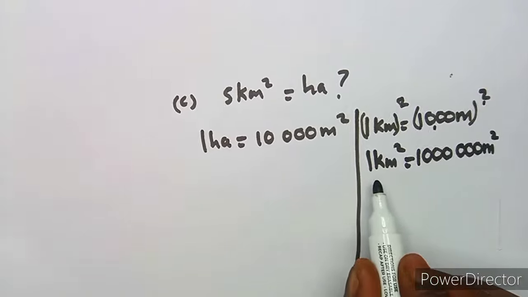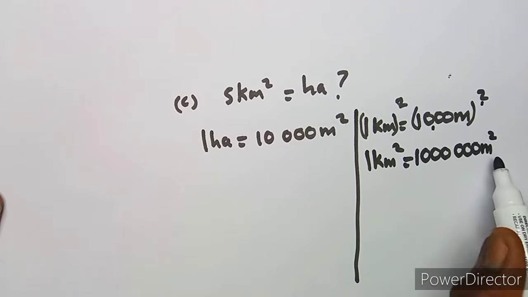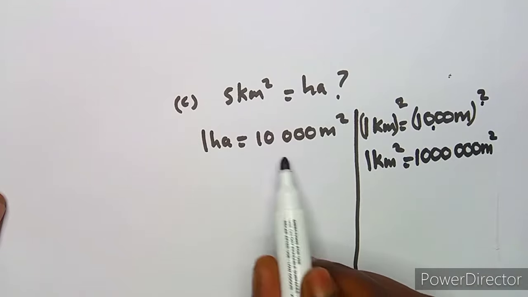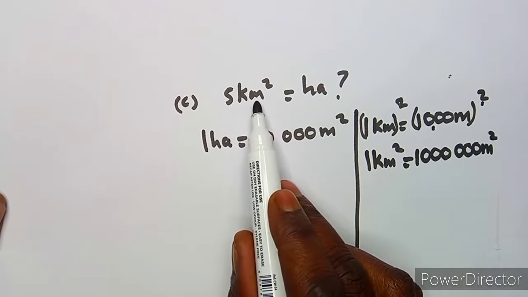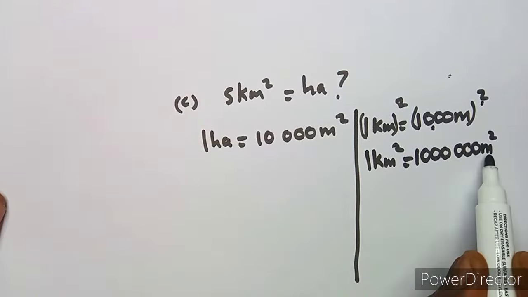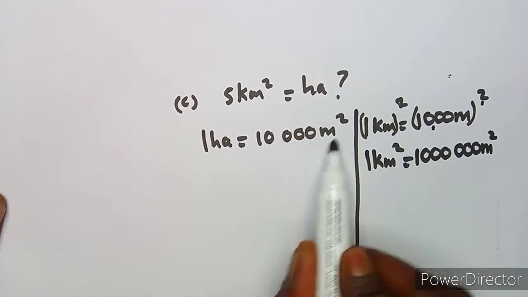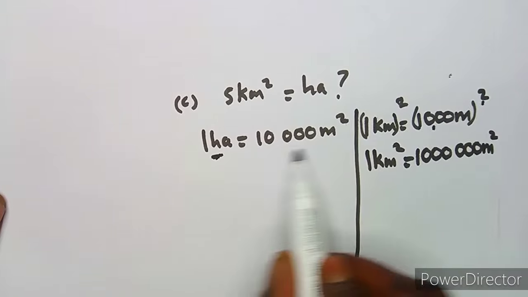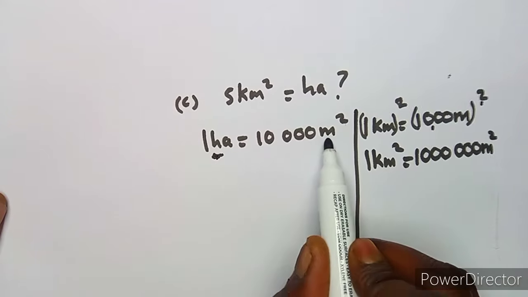Now, if we know that in a square kilometer we've got 1 million square meters, what about these 5 square kilometers? We want it in terms of square meters so that we can convert to hectares, because the relationship is between hectares and square meters.